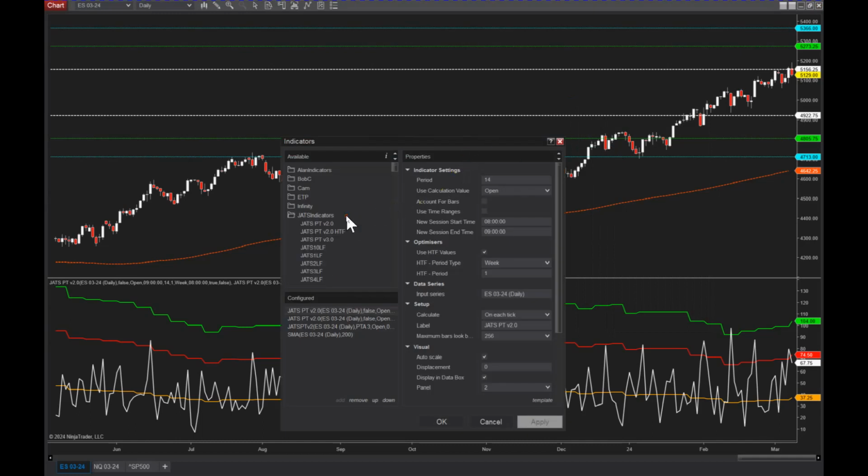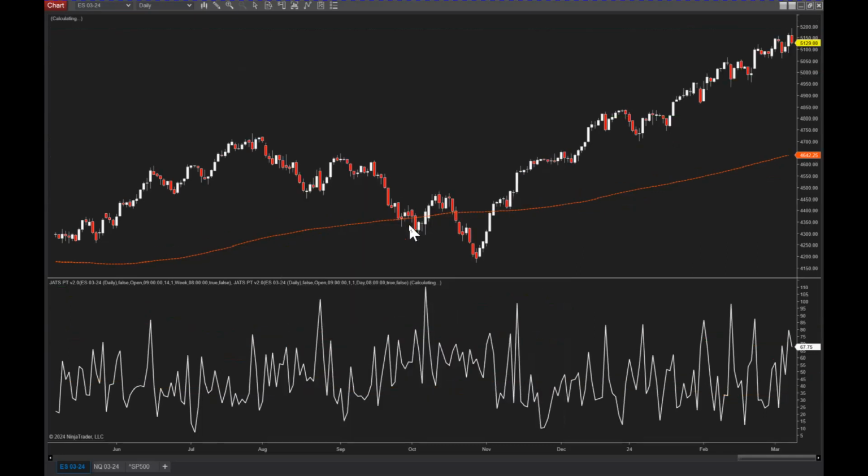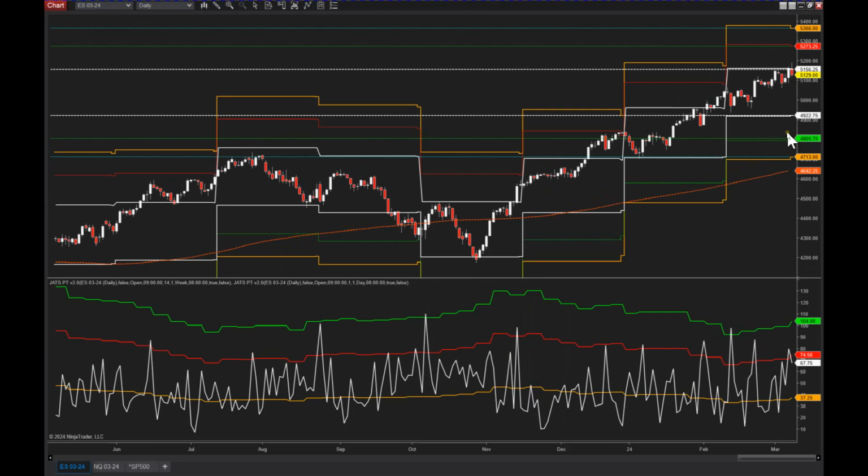So if I put a regular 30-day on here, change it to 30, so you can change the number of days, the number of periods. So here you see the reversal.